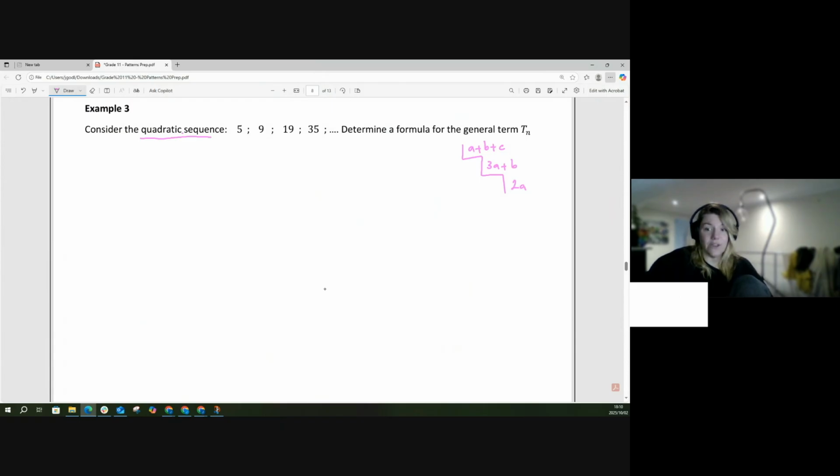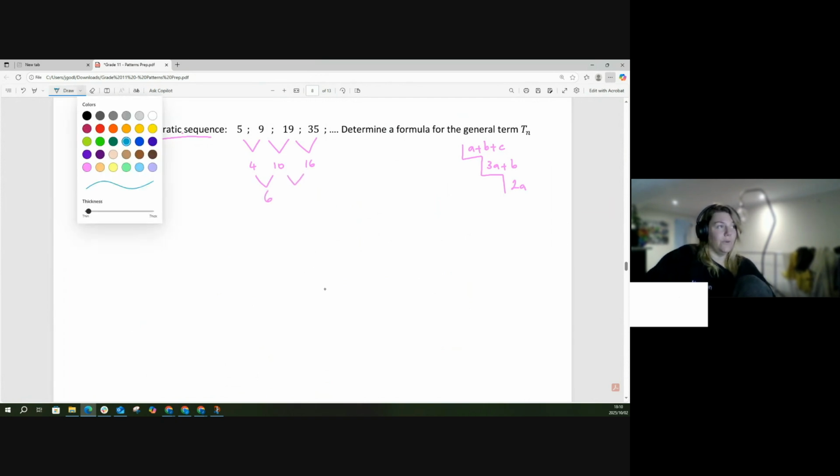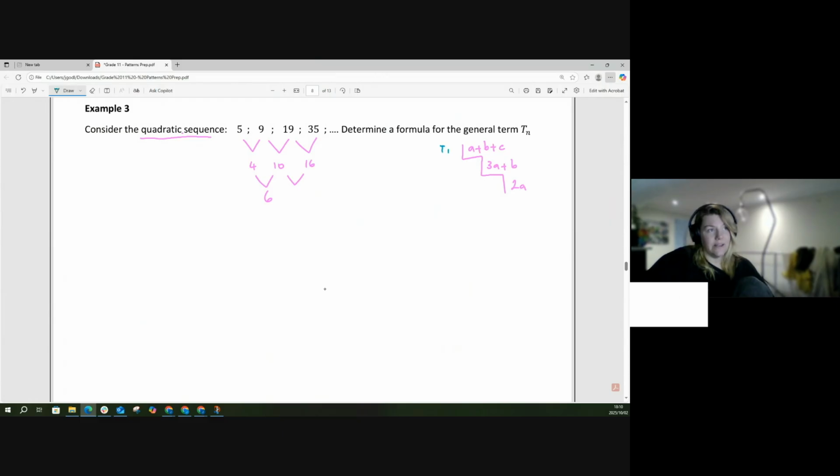Then I'm going to think about what my different numbers are here. So I'm going to work out what my first differences are. So I have 4, and then 10, and then 16, and then 6. And like we said before, we care about the term 1, we care about the first difference, and then we care about the second difference.